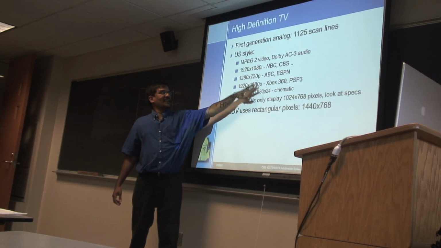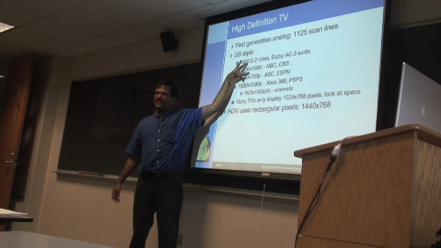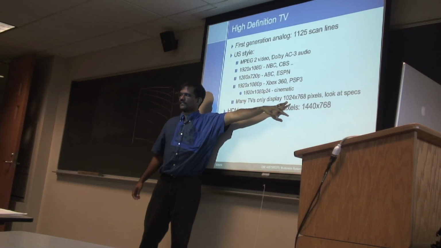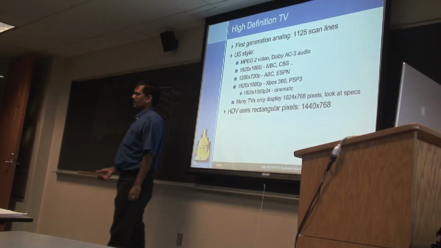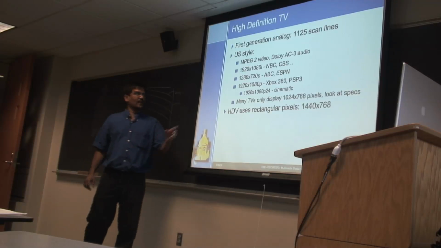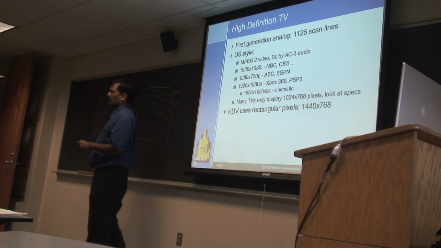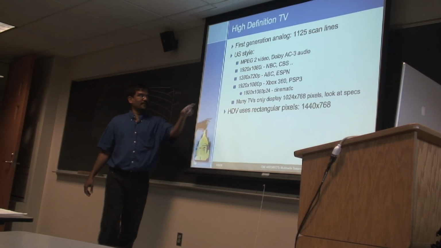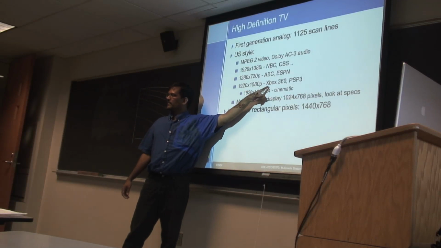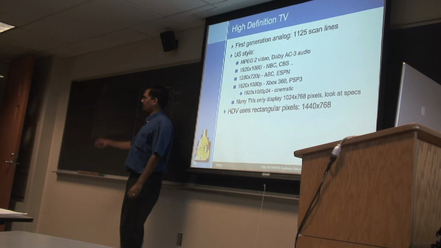So this discussion is moot if your TV is only this, right? Because you can send more information, but your TV cannot output it. Only last year can you actually buy something like this, right? 1920 by 1080p, right?